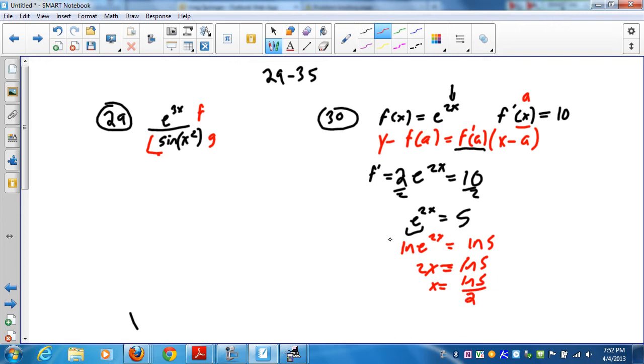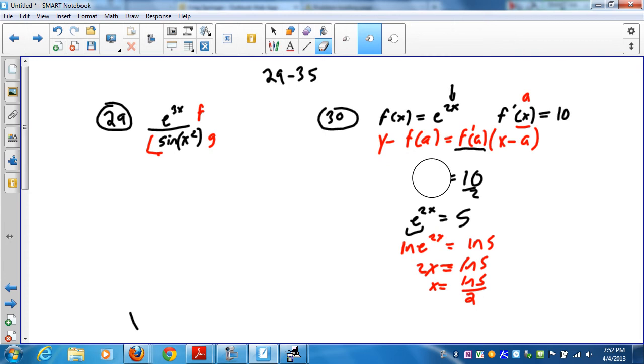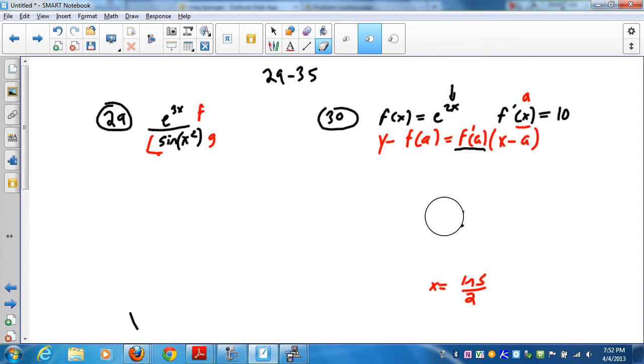Okay, I'm going to erase this except for the answer part, so hope everyone has this part. If not, you can just pause the video. So let's look at the answer choices. The answer choices all have, they don't have anything about the natural log of 5 over 2.